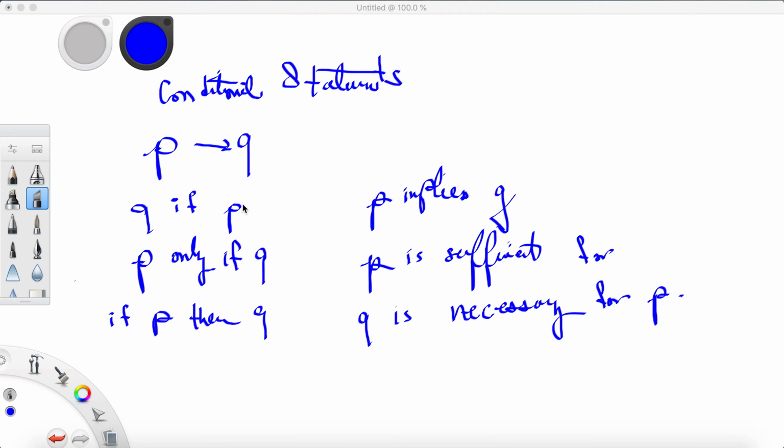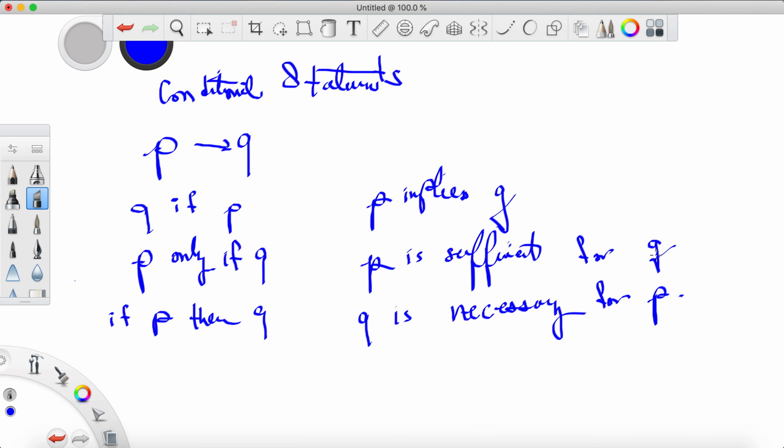Another useful way to express it is P only if Q. P implies Q. P is sufficient for Q, and Q is necessary for P. So these last two, the sufficient clause, this just means that as soon as P is obtained, it's going to follow that Q will come up.